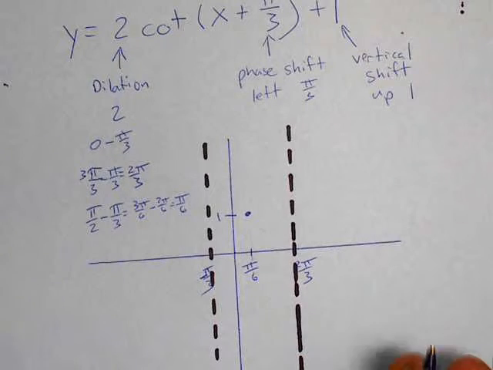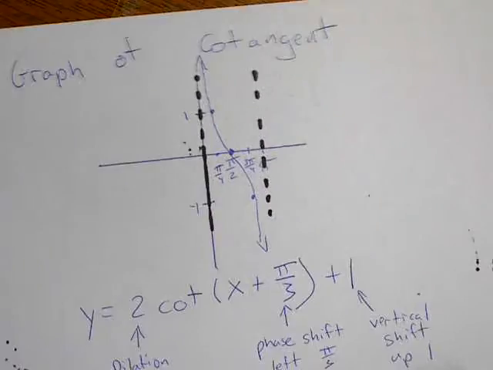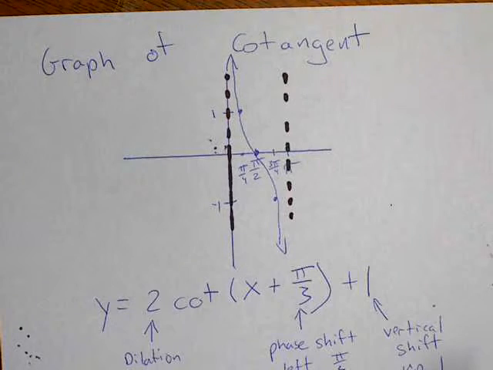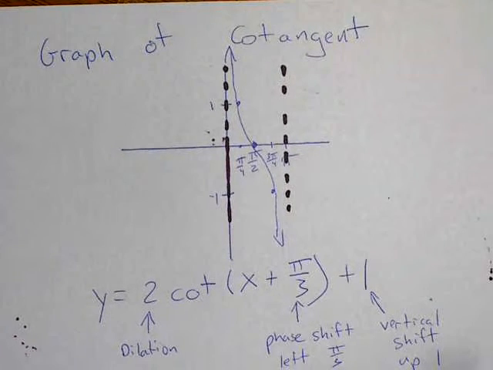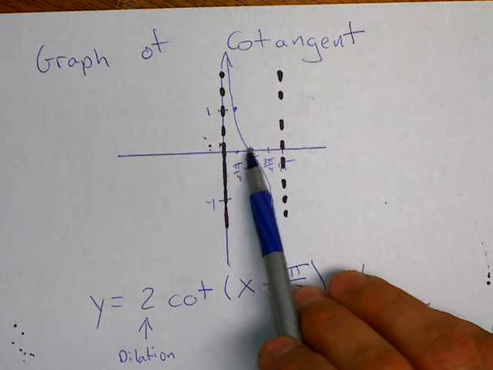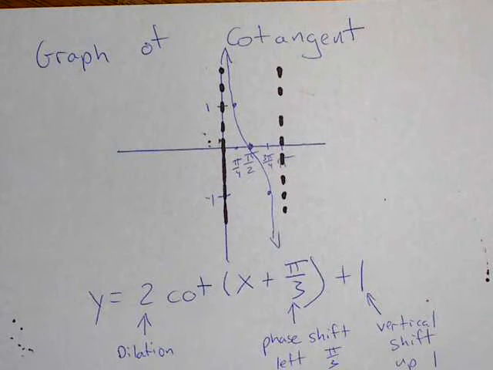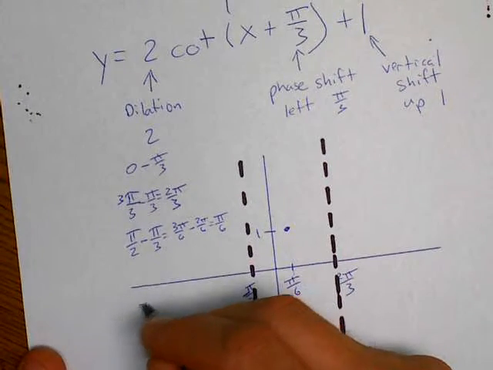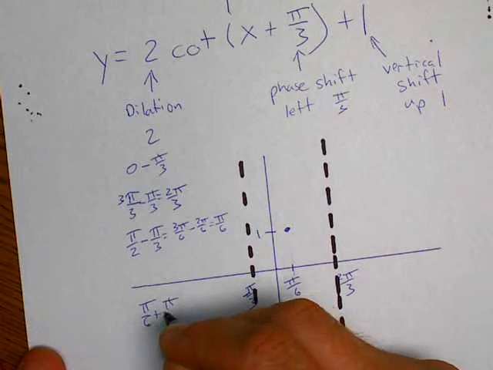Now again, your knowledge of your parent graph is going to help you eliminate a whole bunch of work. We do have to figure out where, we do have to go to the right and to the left, we've got to go pi over 4. So we do have to do a little bit more fraction work. So I'm going to do pi over 6 plus pi over 4.